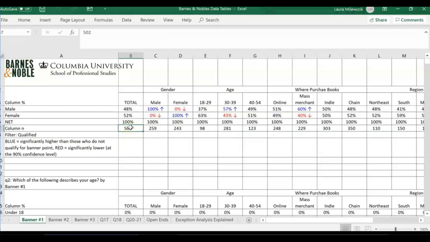And that consists of all of the completes, or our total sample base for this research. What you'll notice up here are the proportions or percentages of how the consumers answered that question. So out of 502 respondents, 48% were male, 52% were female.